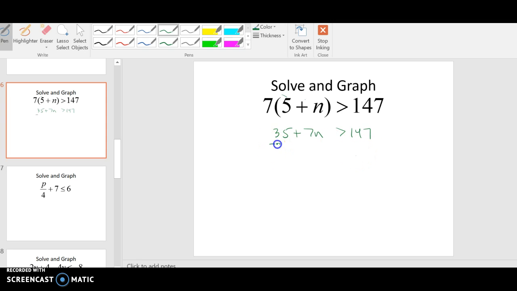But now I'm going to go ahead, subtract that 35, since it's positive 35. Subtract 35. 7n is greater than 112. And 112 divided by 7 will give you 16. So I divide by 7, n is greater than 16.